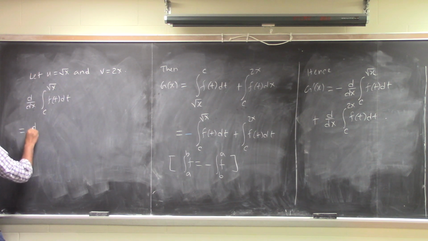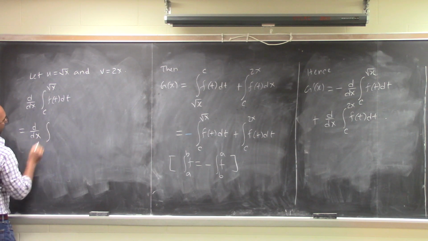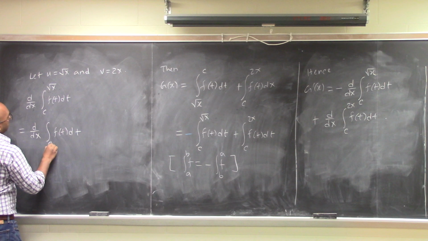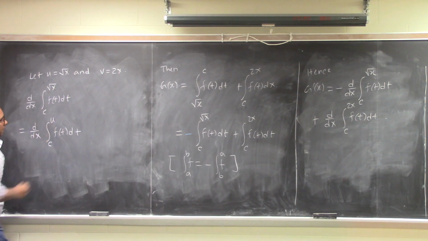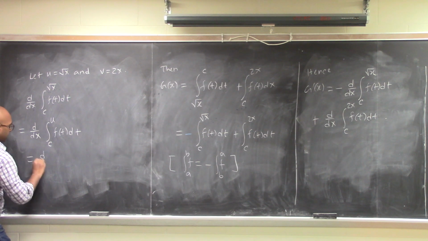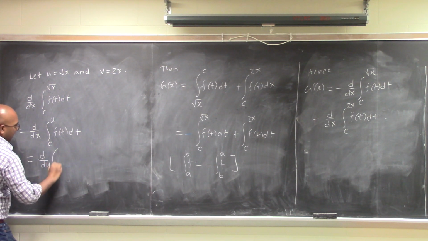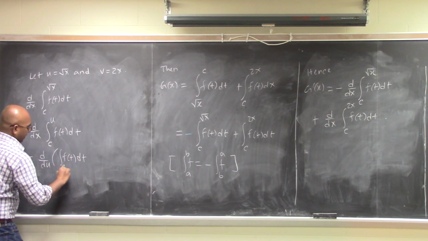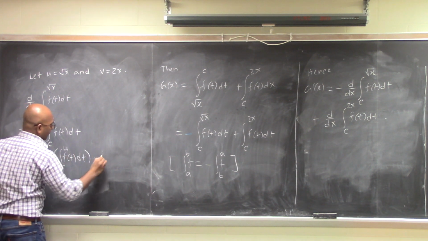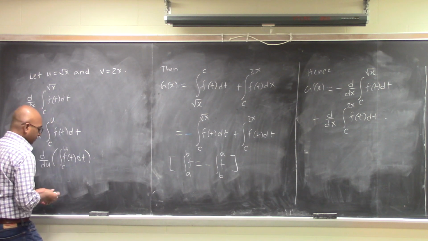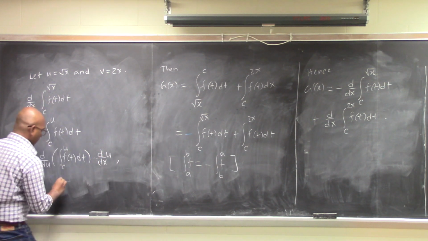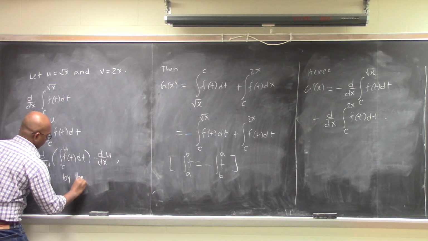So this is d/dx of the integral of f of t from c up to, now this is u. Okay, and then you apply chain rule. So this is d/du of this integral of f of t from c up to u, times d/dx of u, by the chain rule.